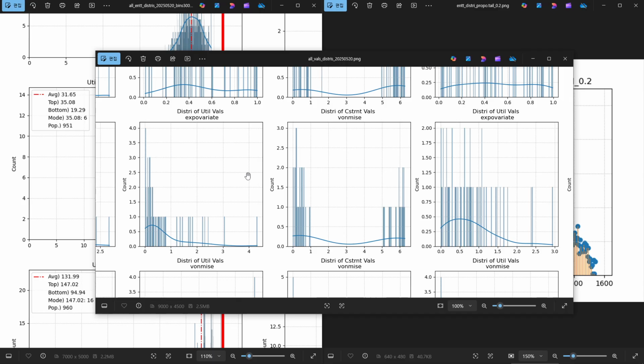So for example, if the utility value is 100 and the constraint value is 20, that's 5 to 1, then you might have another item or gene that gives you a utility value of 50 and the constraint value is 2, that's 25 to 1.